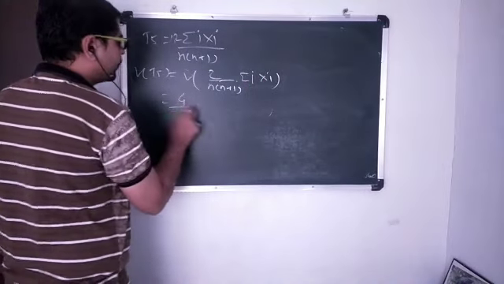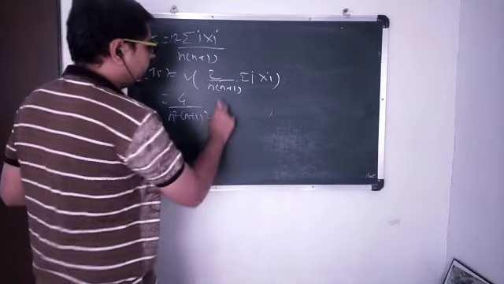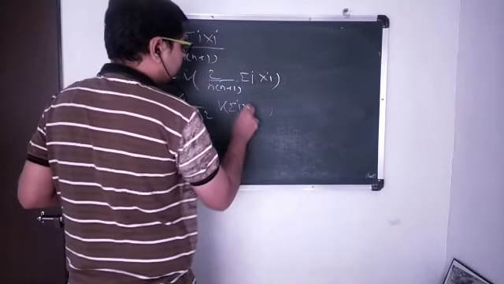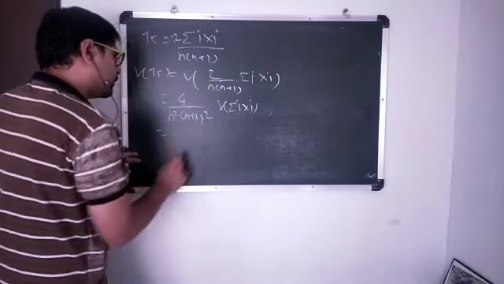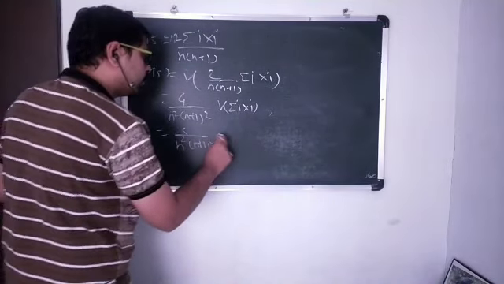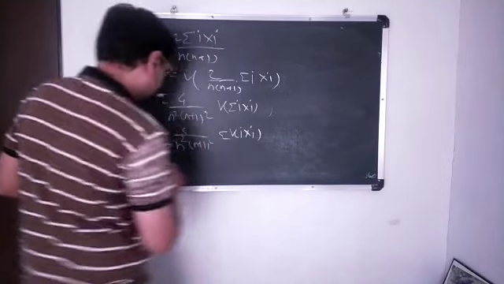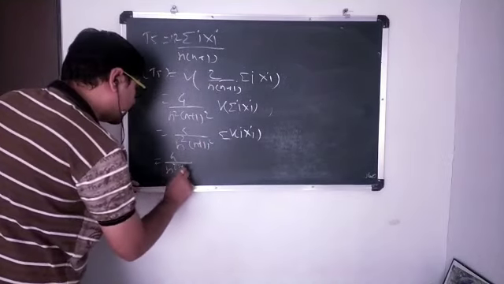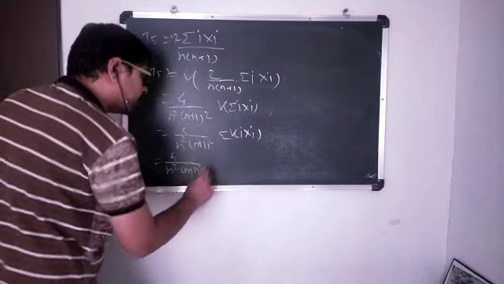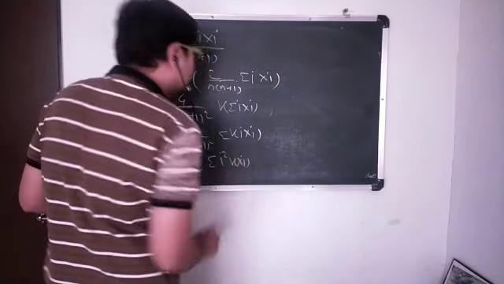So 4 upon n square into n plus 1 whole square into the variance of summation i Xi, which is 4 upon n square into n plus 1 whole square into the summation of variance of i Xi, which is nothing but 4 upon n square into n plus 1 whole square into the summation of i square into variance of Xi.